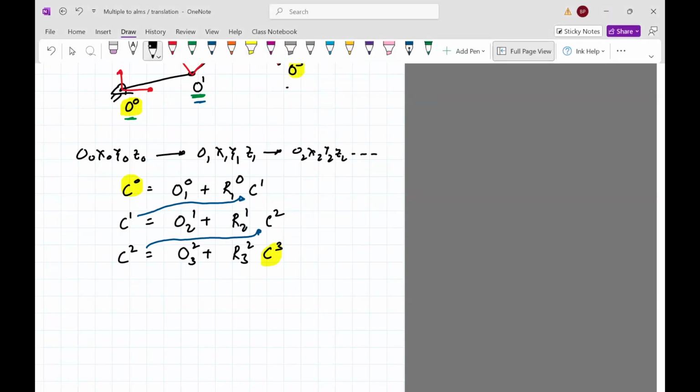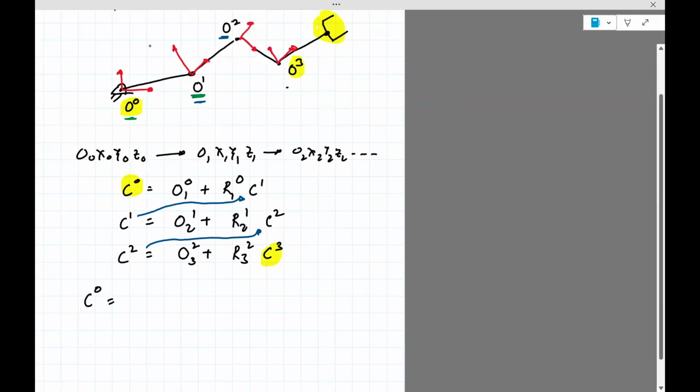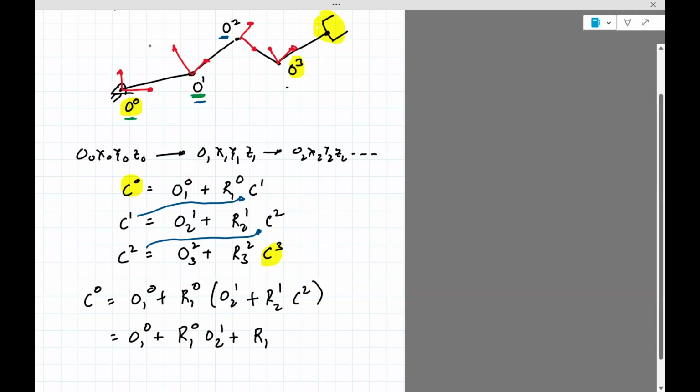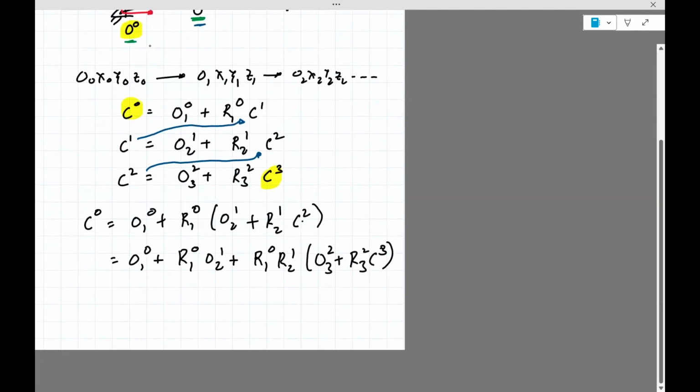So when you do this, you get O10 plus R10 C1, where C1 is O21 plus R21 C2, and I'll repeat that step again, with C2 being O32 plus R32 C3.